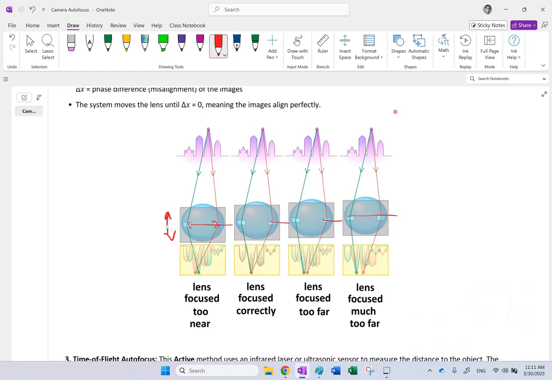So if your camera focus is exactly correct, these two beams will reach the sensor at the proper time. Therefore, they fall onto each other and there will be what we call no defocus. On the other hand, if it's focused too near or too far, you see that the distance between them, the phase difference or the defocus between them, gets bigger.